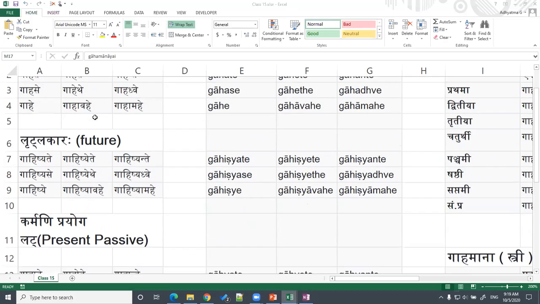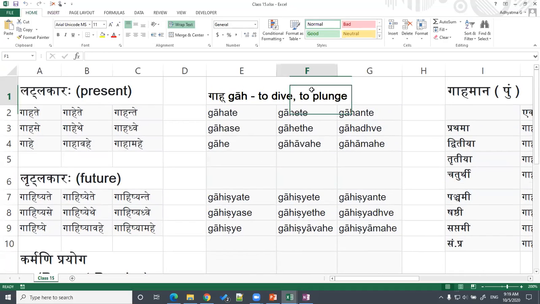Gaha is the root. Gaha means to dive, to plunge. So this is the root we'll use for today's class a lot to understand, and it is the Atmanepadi root, and that's how the declensions, the conjugations are. In the present tense, it's gahate, gahete, gahante. Very simple, just like any other simple Atmanepadi root.